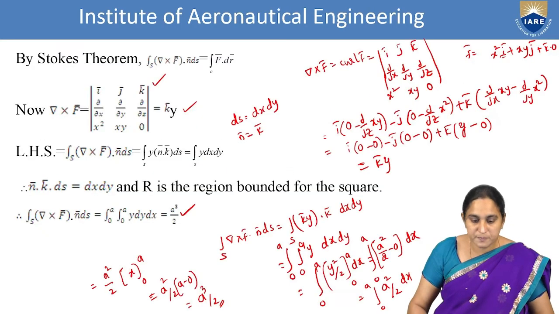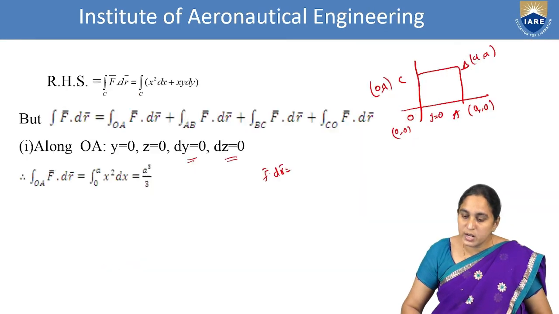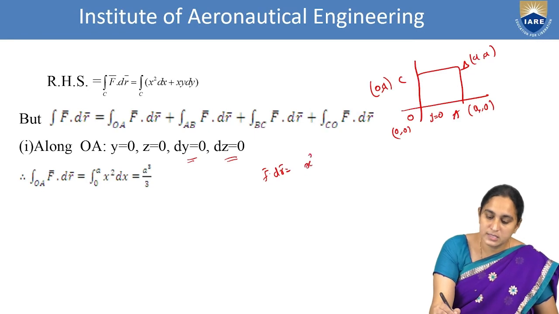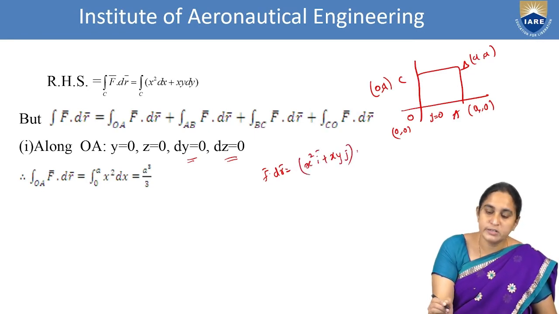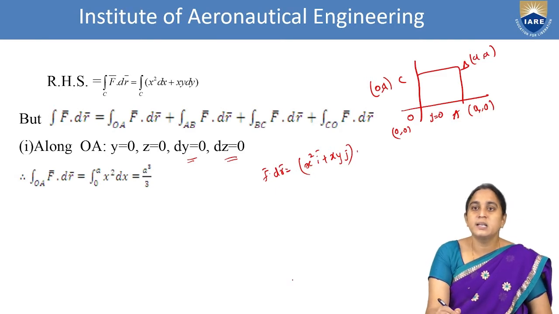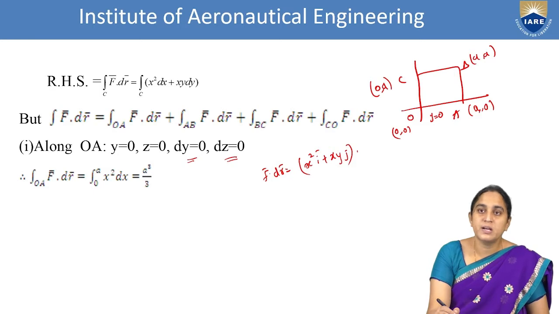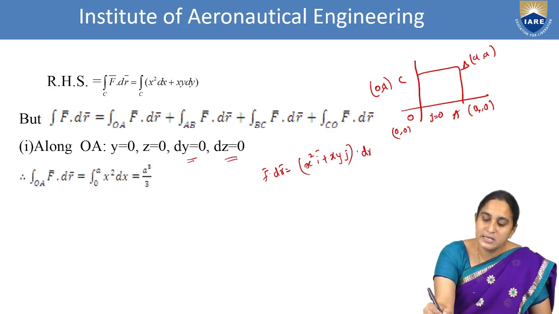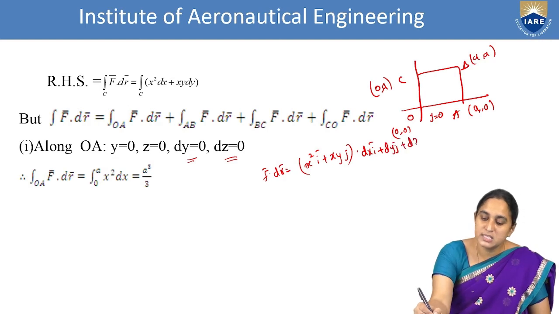F is x squared i plus xy j. In the theory I discussed, dr is the position vector differential, so dr is equal to dx i plus dy j plus dz k.